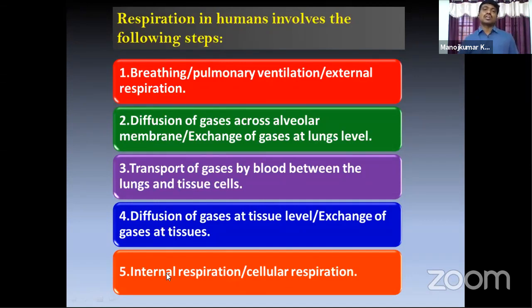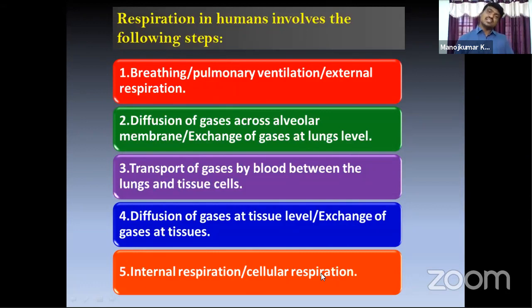And most importantly, the last one is internal respiration. This is also called cellular respiration. Why is this called cellular respiration? Because the actual energy releasing process takes place inside the cells.